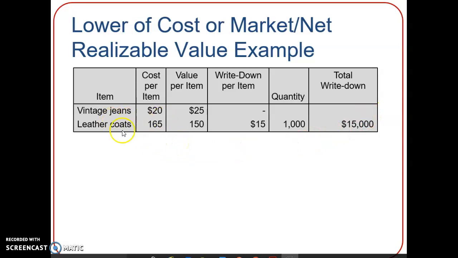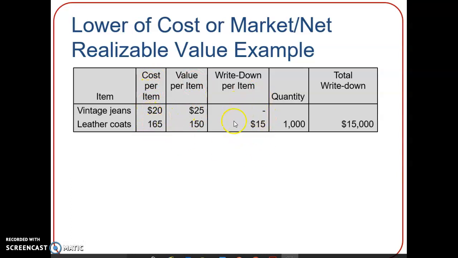Alright, so the next example, let's say we have some leather coats from last year. When we bought them, we paid $165, but now in the marketplace, the same leather coat will only cost $150. So in this case, value per item or current value is lower than the historical cost.